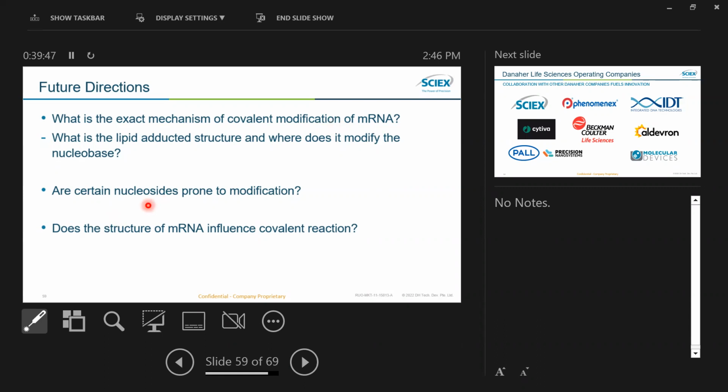And some other questions: are there specific nucleosides that are more prone to modification? You hear different perspectives from mRNA-based therapeutics. And does the mRNA structure itself influence covalent reaction? We know that the RNA has to be a certain length.